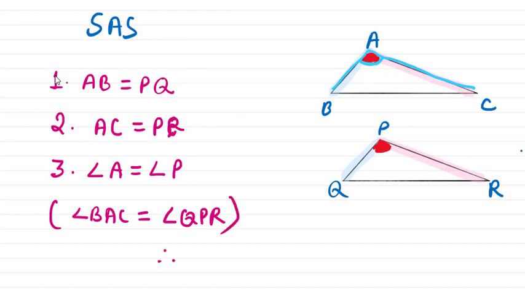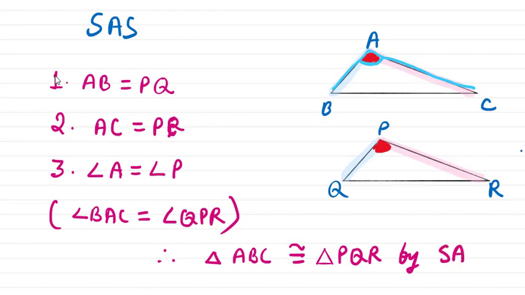Therefore triangle ABC will be congruent to triangle PQR by SAS. While writing all this, you have to make sure you know which sides are equal. So AB is equal to PQ, maintaining these equal sides as well, and then AC equals PR. This you also have to see.